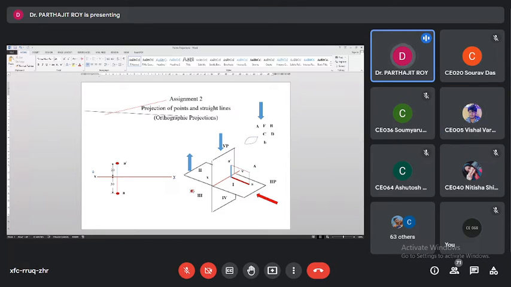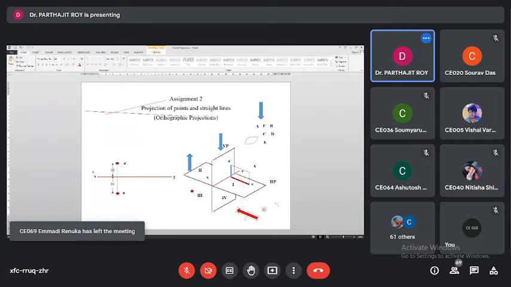If I take it to the third angle, where will the front view be, where will the top view be? Our direction, the view direction, is this. So the front view will be coming below the xy line and the top view will be going above the xy line.